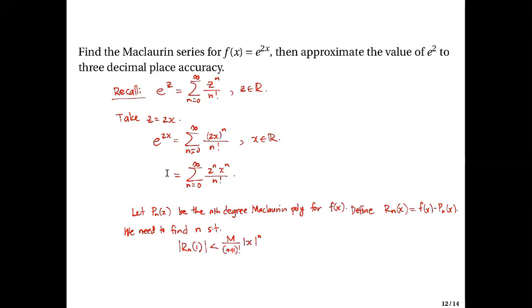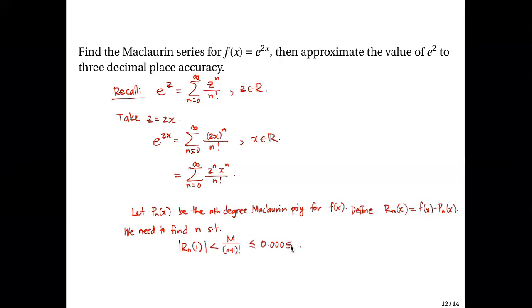But by the way, here your x is equal to 1, so this one here is no longer present. And we want this to be less than or equal to 0.0005 because we want 3 decimal place of accuracy. So 3 zeros and then the 5 here.